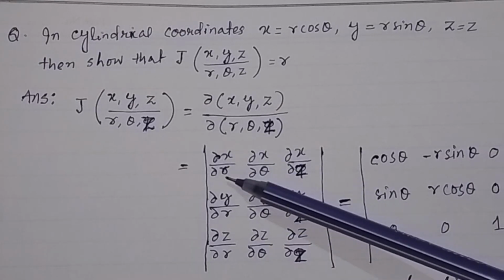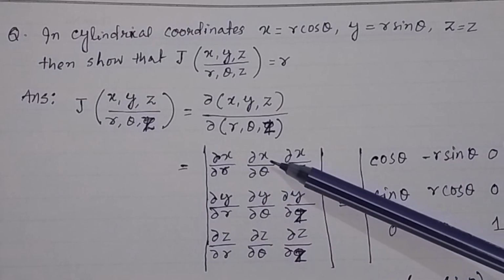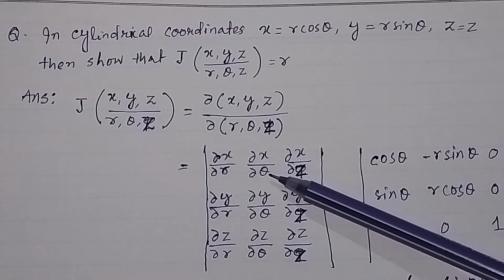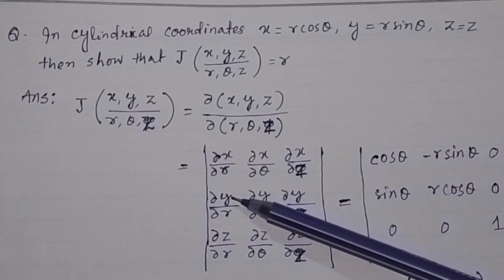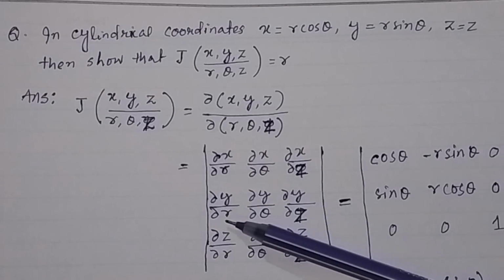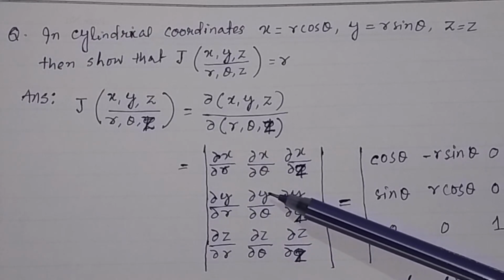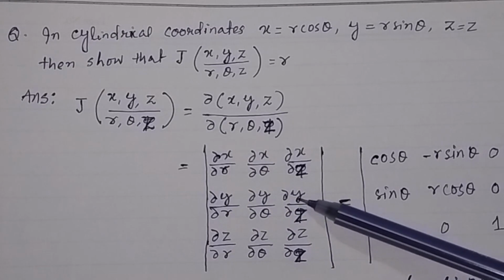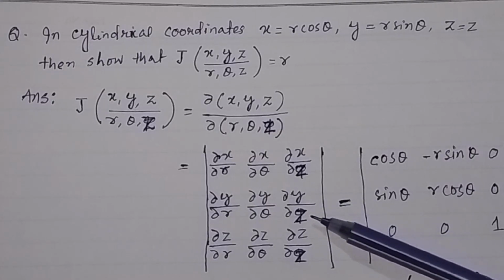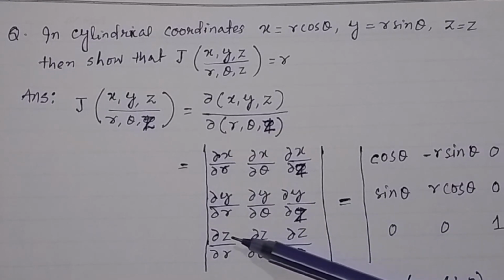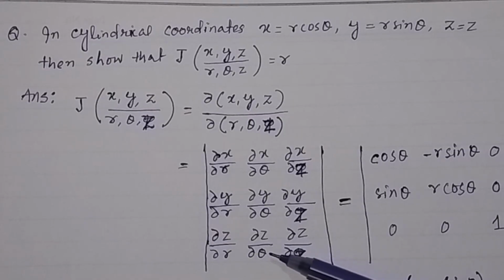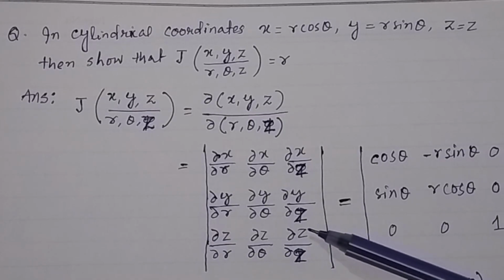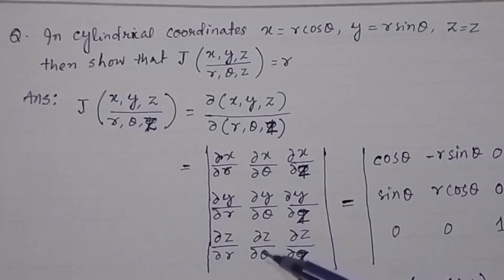Partial derivative of x with respect to r, partial derivative of x with respect to theta, partial derivative of x with respect to z, then partial derivative of y with respect to r, partial derivative of y with respect to theta, partial derivative of y with respect to z, then partial derivative of z with respect to r, partial derivative of z with respect to theta, and partial derivative of z with respect to z.